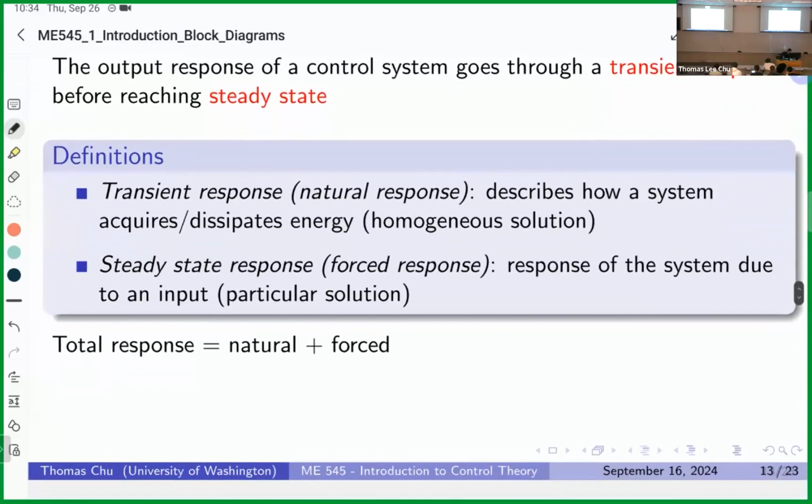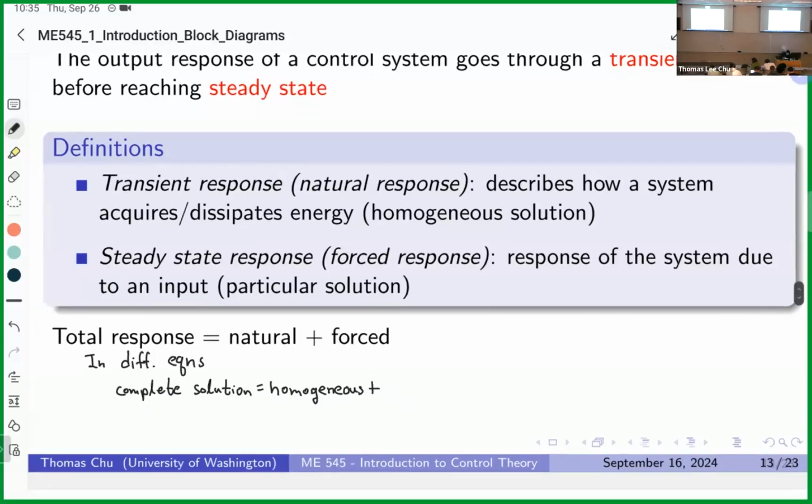So what does that mean in differential equations? In differential equations, the complete solution, or the total response, is going to be equal to your homogeneous plus your particular solution.